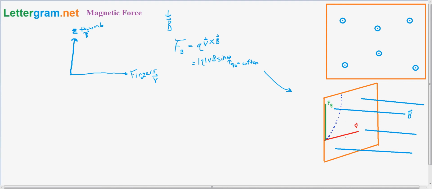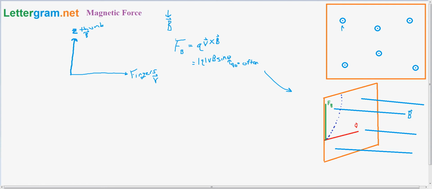Now, if you just grab your hand real quick and put it as if the magnetic field lines are coming out and the velocity is going straight across the page, then if you see your palm pointing up, that's the direction of the force. And that is essentially what the magnetic force is. At least for basic physics, that's all a lot of you are going to need to know, so I figured I'd just cover this first.